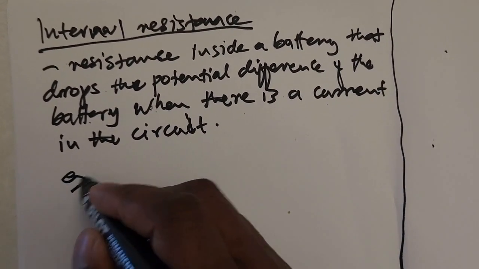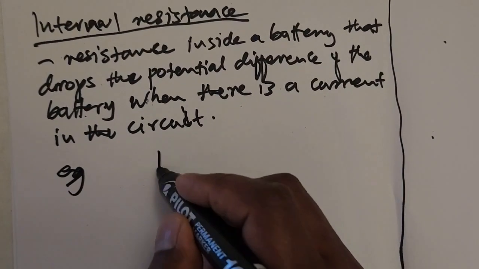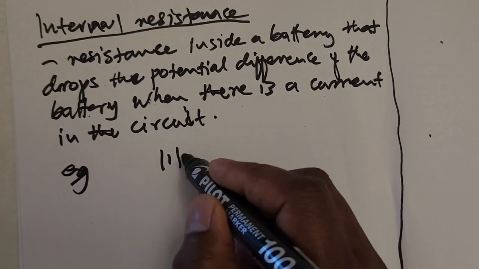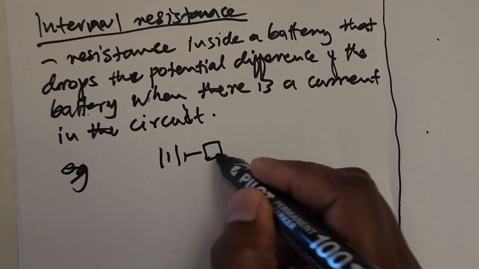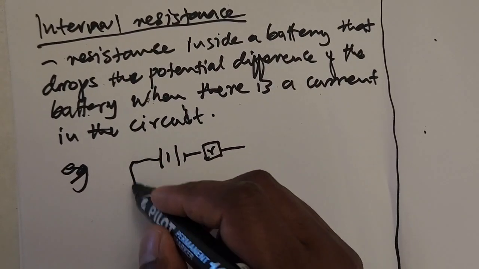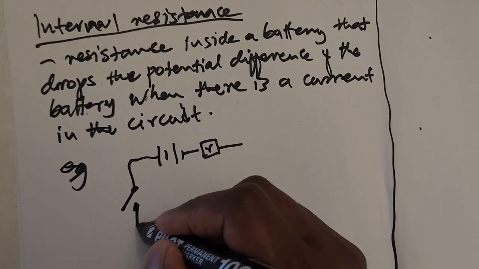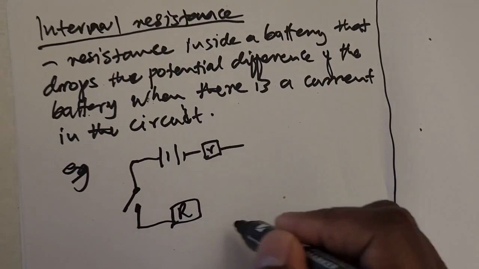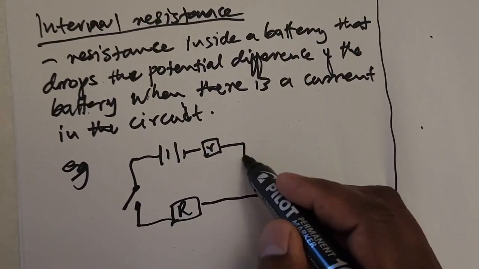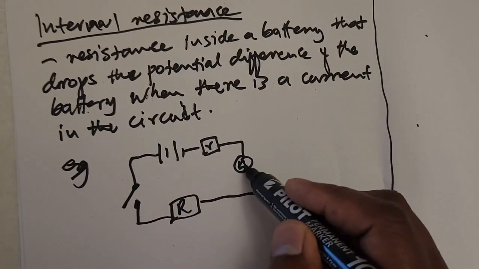For example, if I've got a battery with internal resistance, and then there is a main switch, and then maybe just a resistor, and the ammeter reading the current.